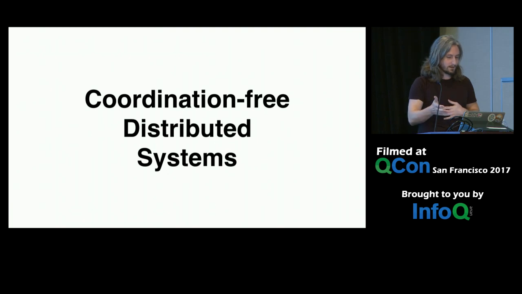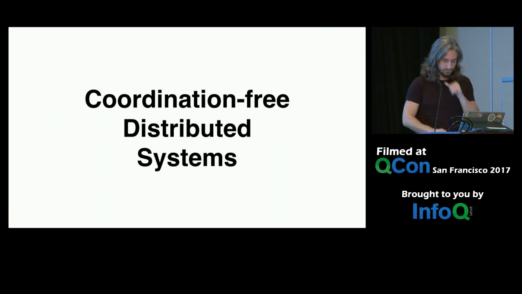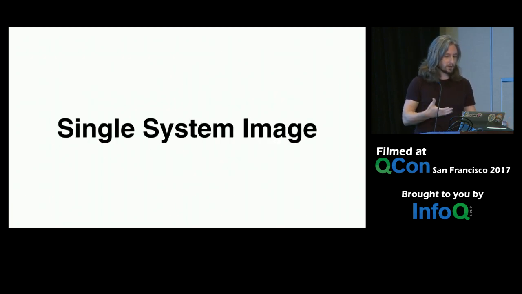So why hasn't this caught on more? Why aren't we doing more of these crazy, not fully consistent but still achieving the user's goals distributed systems? Obviously they're harder, sure. But I would argue that one of the things that holds us back is the prevalence of this idea in developers' minds: single system image. Single system image is basically an abstraction.